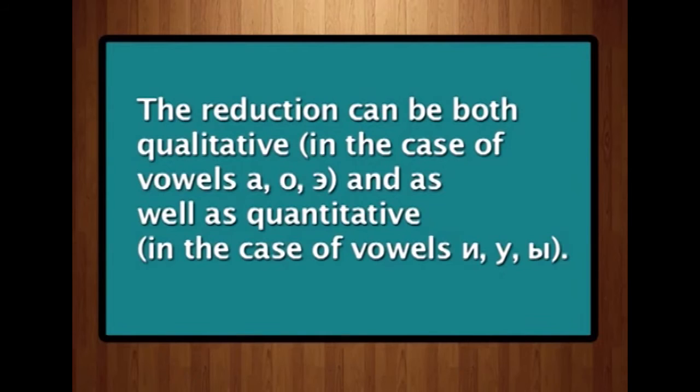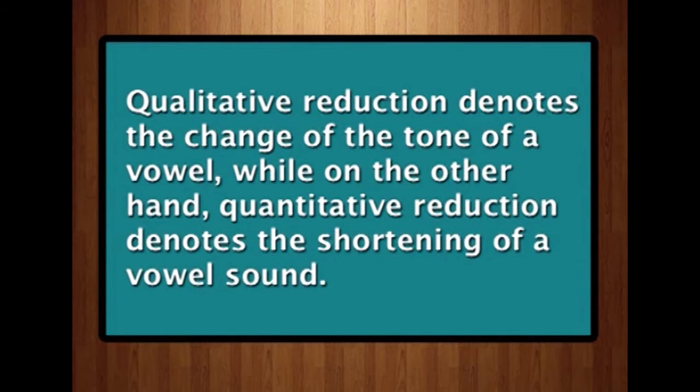How do you understand reduction? A reduction can be qualitative and quantitative. Qualitative reduction denotes the change of tone of a vowel, and quantitative reduction denotes the shortening of a vowel sound.